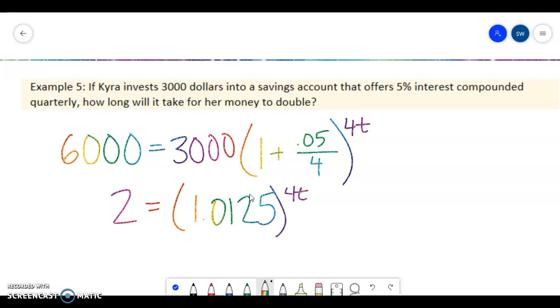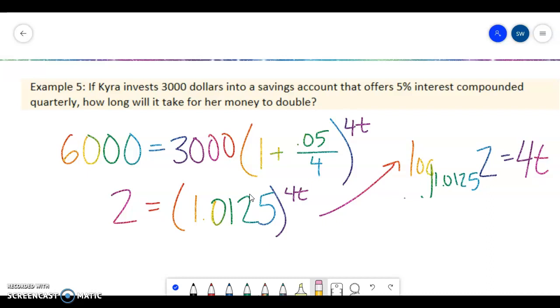To isolate the exponent, what we need to do on both sides is take the log base 1.0125. So log base 1.0125 of 2 would equal 4t, because if you take the log of the right side, that's just going to cancel. So all we have left to do is type this log in and then divide by 4.